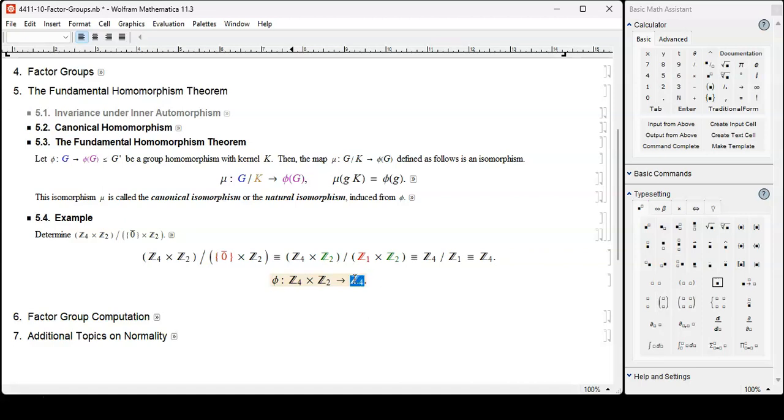So that's the image. Oh, let me rewrite it like this. So that'll go to phi of this, the image, and that's just equal to Z4. Okay, all right. So that's just the image. We have an epimorphism, all right.